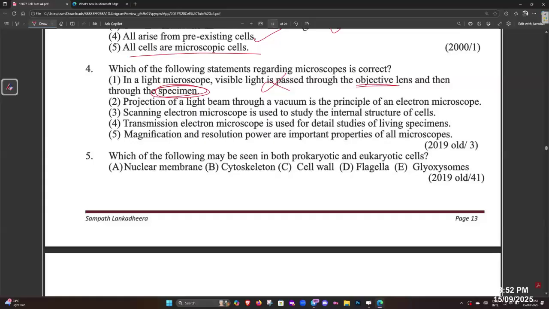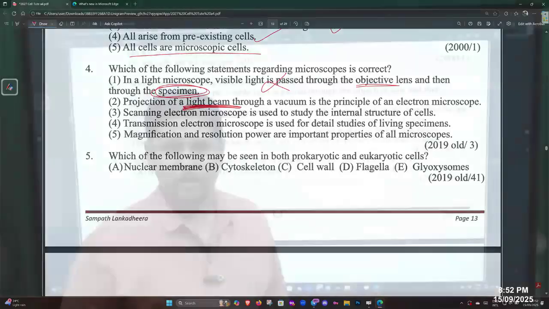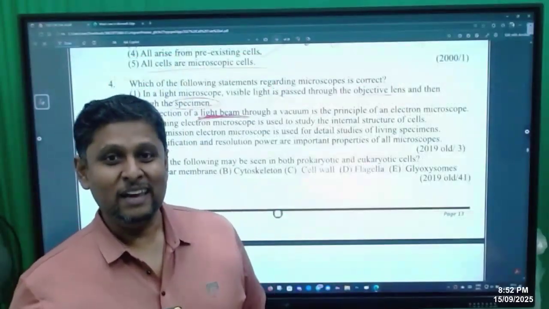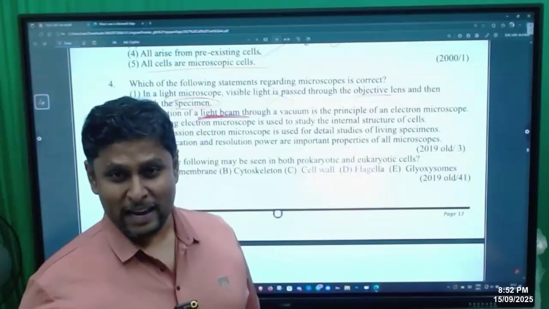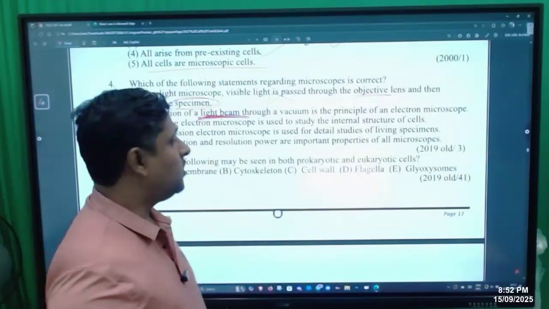Statement 2: projection of a light beam through the vacuum is the principle of electron microscope. Light beam in electron microscope? So that's wrong.